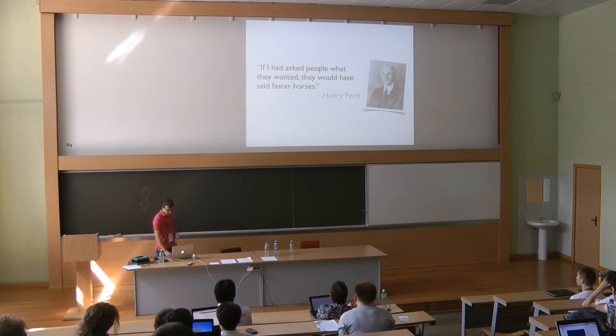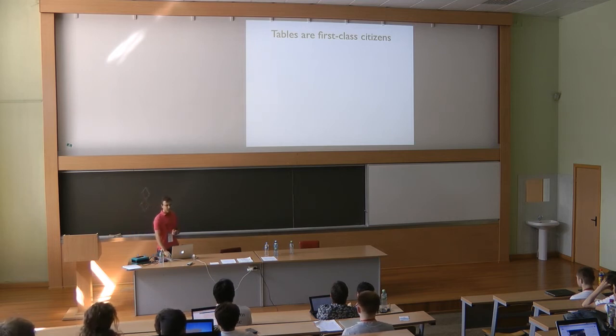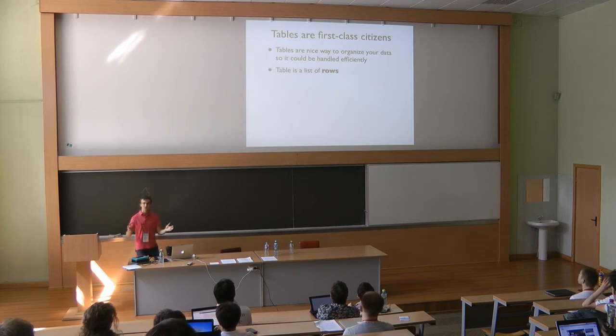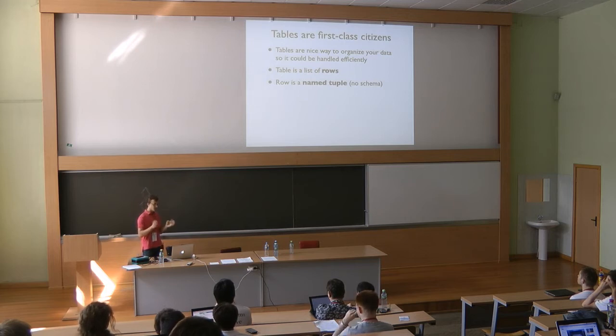So we decided to build another primitive for how you store the data and to choose the table as the first-class citizen. A table formally is a list of rows, where every row is just a named tuple. Named tuple means that for every row you have a set of pairs, key and value.